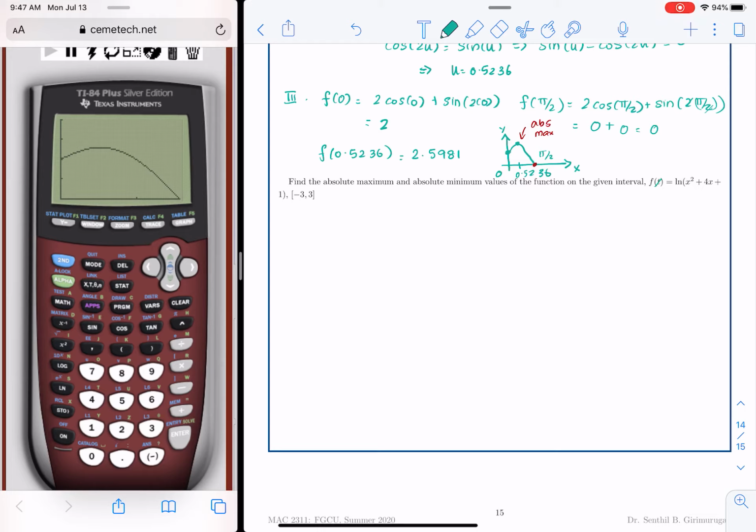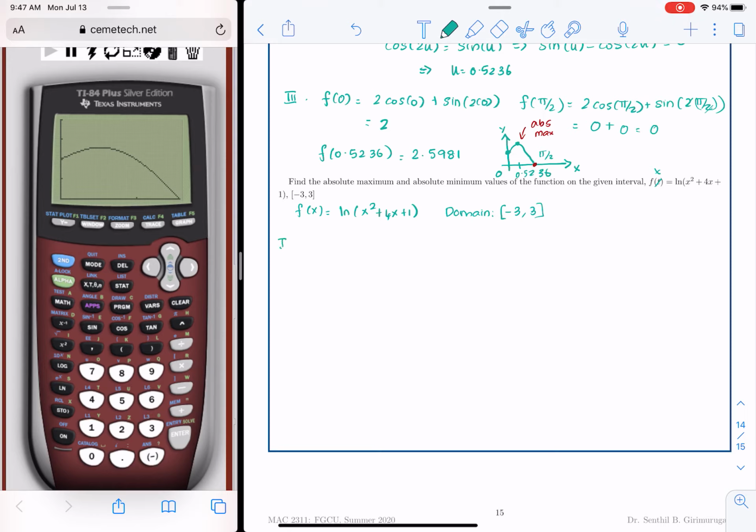That should be x, not t. So now we have a function that is logarithmic, f of x is equal to ln of x squared plus 4x plus 1. And the domain is -3 to 3.